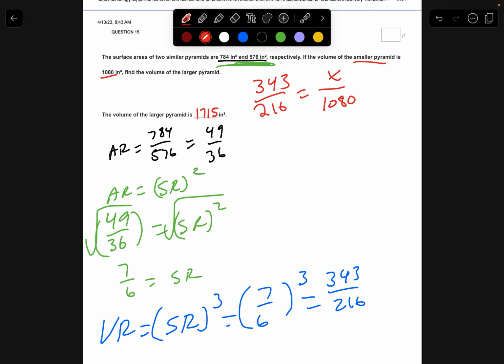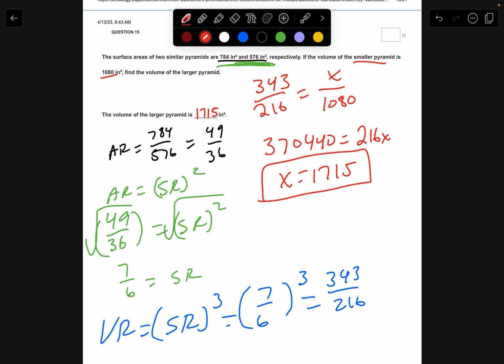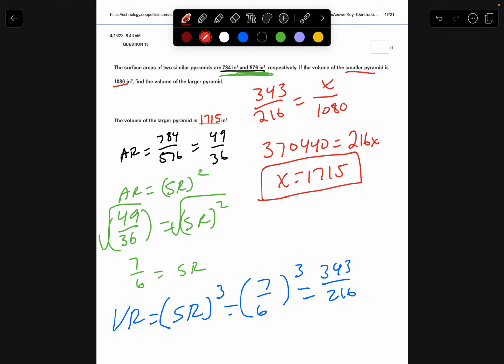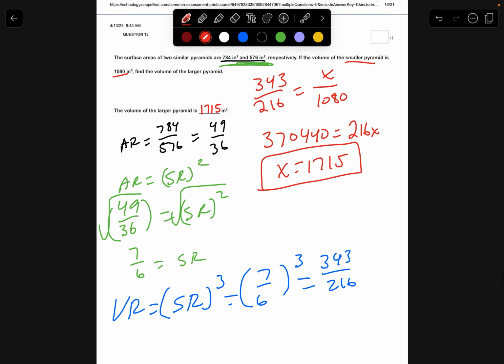Then we cross multiply and solve. 343 times 1080, it's a big number, 370,440 equals 216x. Divide by 216, and I get x equals 1715. So we had to take area, convert it to similarity, take similarity, convert it to volume. That's what we had to do on that question.